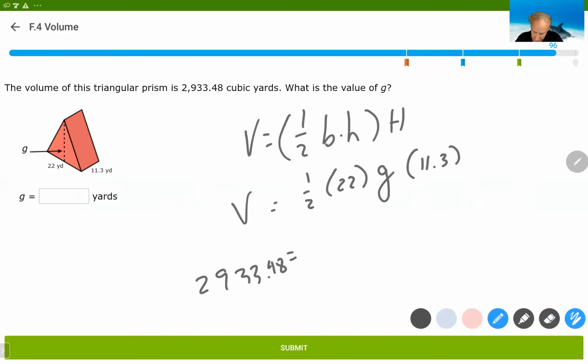11 times 3,124.3. 2933.48 divided by 23.6.